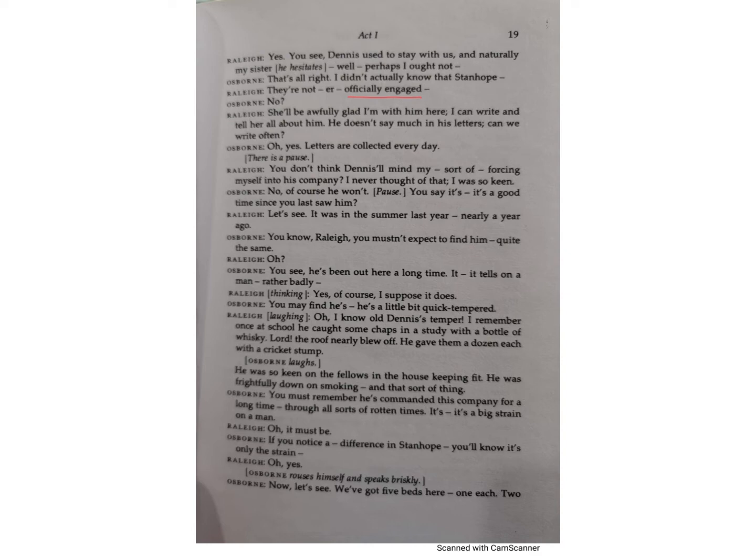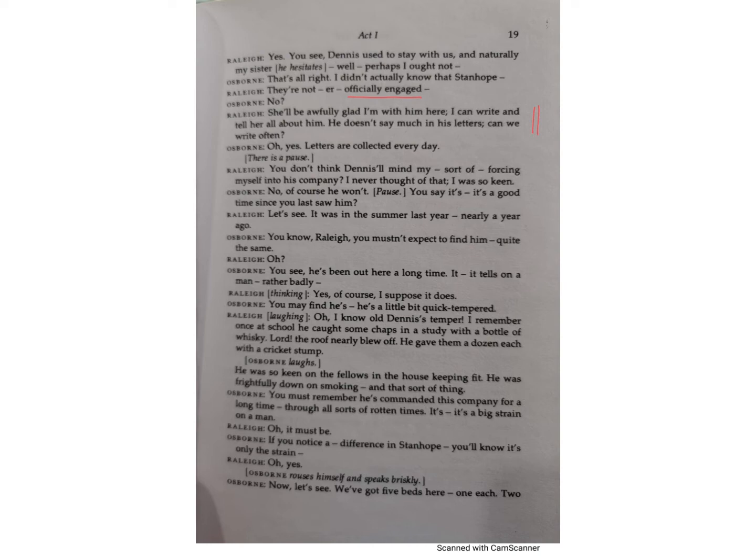Stanhope would have been expected to marry Raleigh's sister. And Raleigh says one of his other reasons is that he can give information in a good way. This is a boy who is very idealistic, very innocent and positive. He wants to be able to reassure his sister that he's going to be able to say Stanhope's okay.